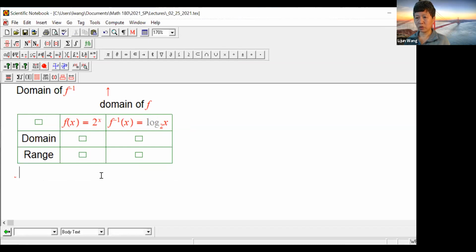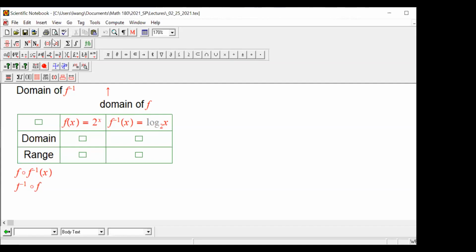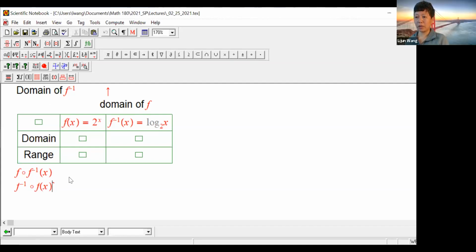And what I want you to compose for these two functions, you're gonna composite, and that hopefully will wake you up.